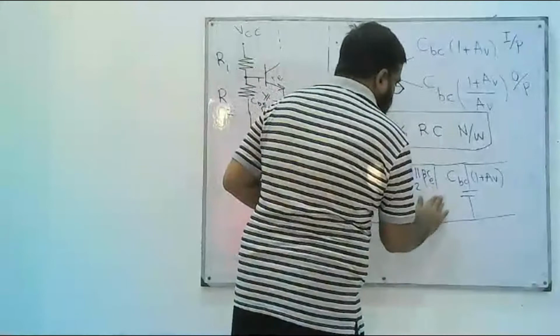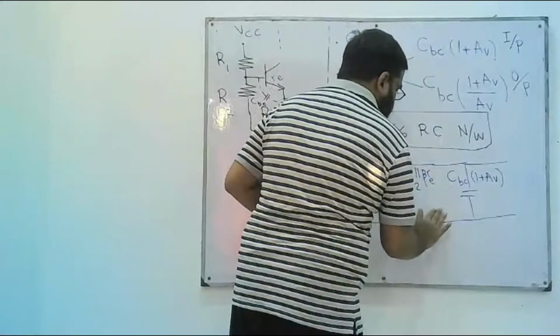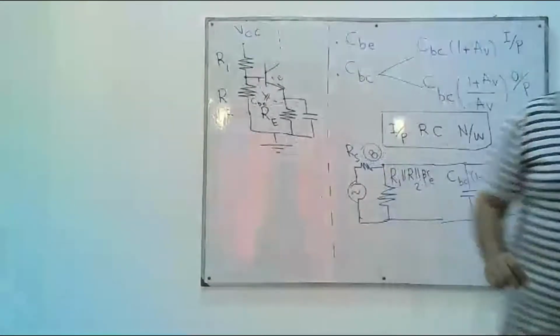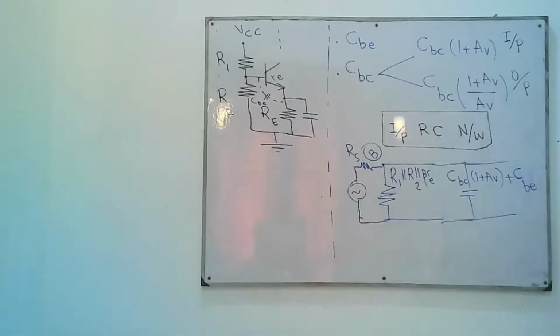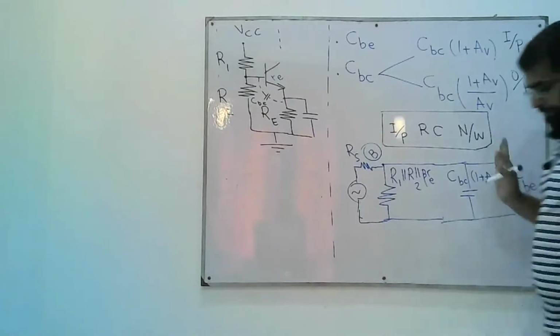And we can draw one capacitor instead of two capacitors in parallel, because when two capacitors are in parallel, they are added together. Therefore, CBE plus CBC times 1 plus AV.